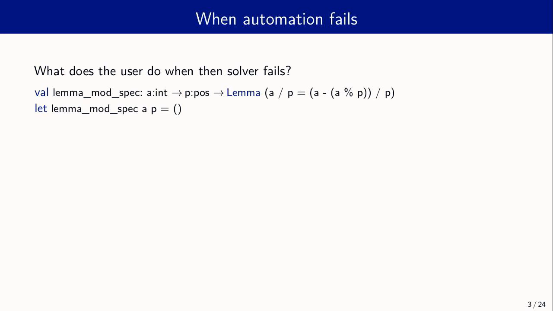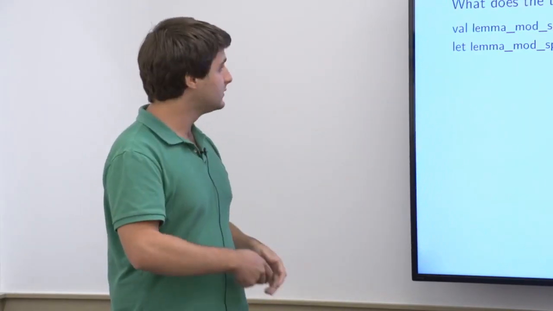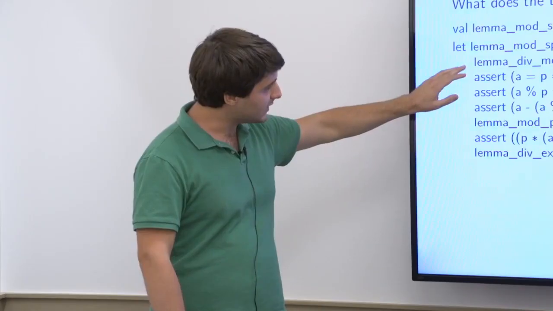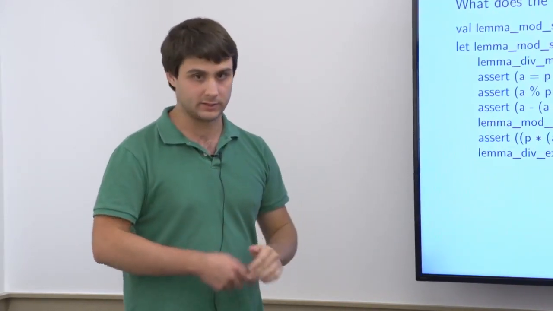There's just no way for this to find it, or at least not reliably. And what we usually did before we had a tactics language is find a bunch of lemmas that basically break this down into the smallest set of facts that we know are true, assert them all one by one, and basically guide the SMT solver into finding the proof.